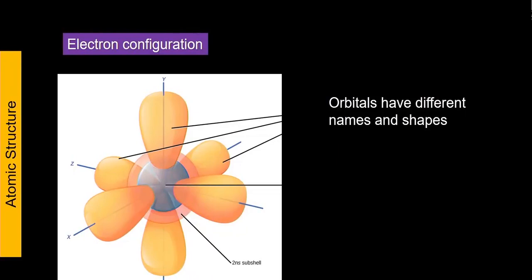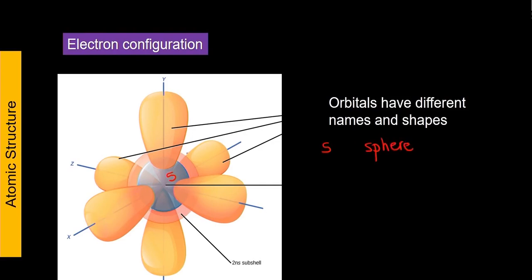The first one is the s orbital. So you'll see on this diagram, in the middle, there is a blue looking sphere, and that is the first energy level. So the first one is S, and it is sphere shaped.